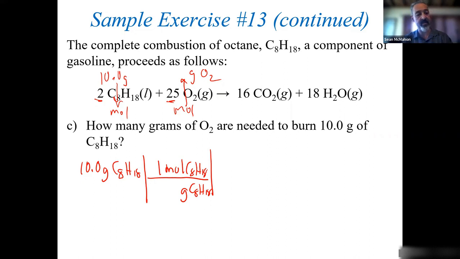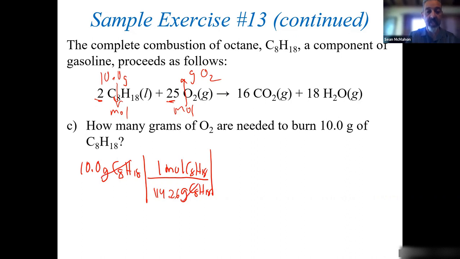Sorry, I don't memorize this stuff. So 8 times 12.01, because the carbon is 12.01 on the periodic table, there's 8 of them, plus 18 times 1.01, for the hydrogen, it's about 114.26 grams of octane per mole.